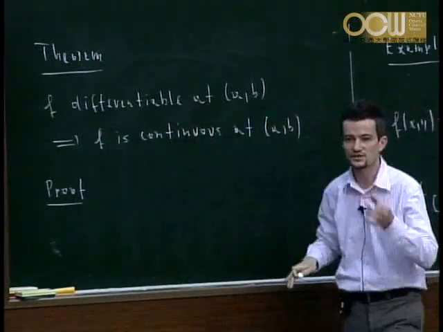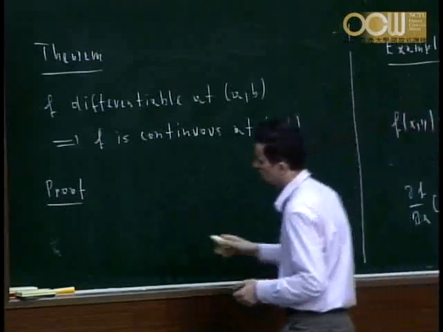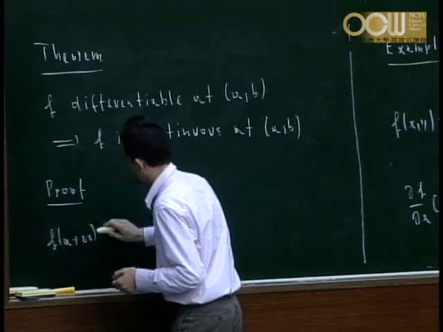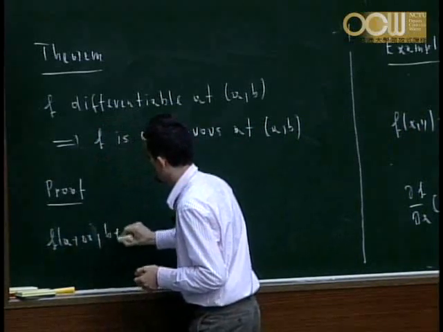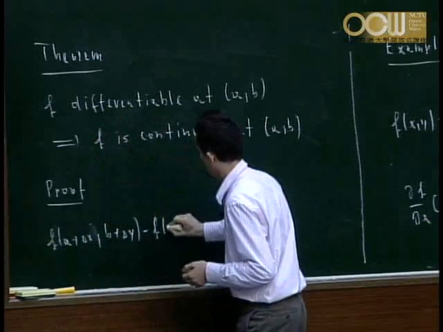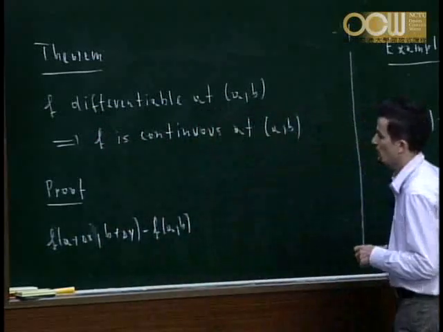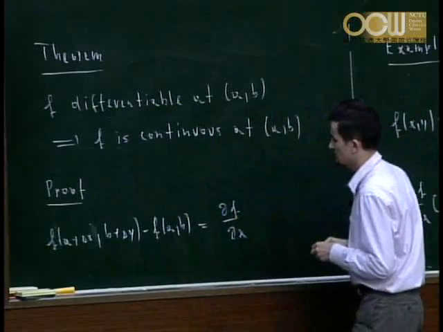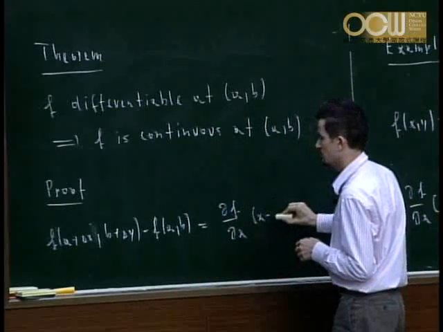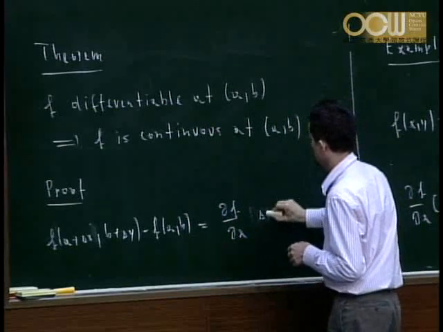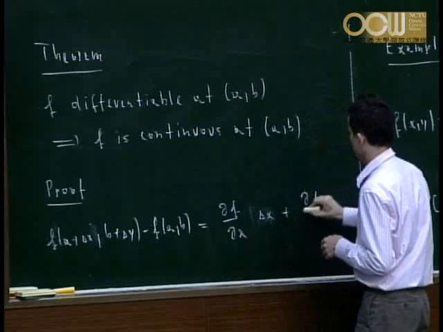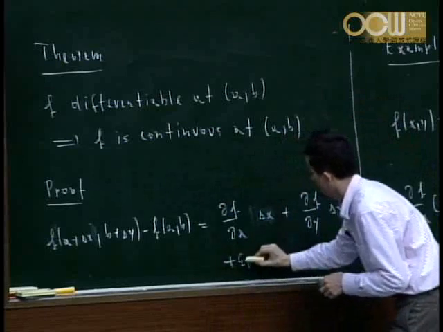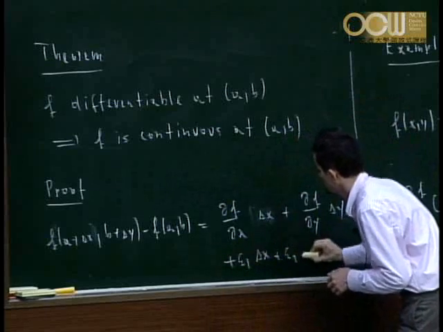This means that there exist functions epsilon 1 and epsilon 2 such that you can write the difference as the partial derivative of f with respect to x times delta x, plus the partial derivative of f with respect to y times delta y, plus epsilon 1 delta x plus epsilon 2 delta y.